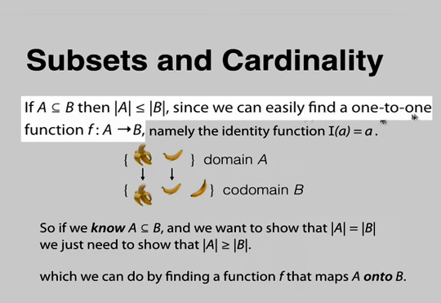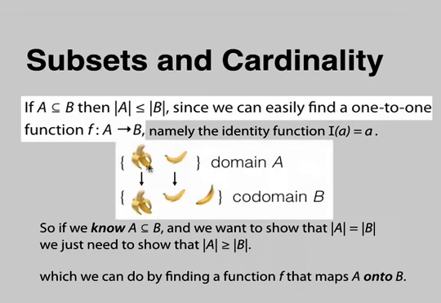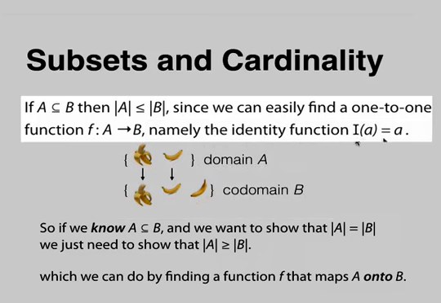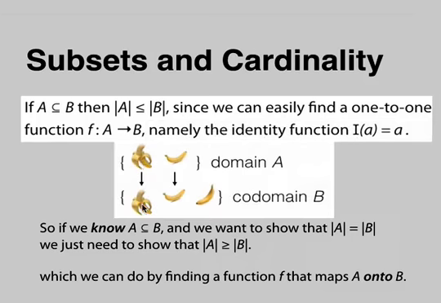All we have to do is find a one-to-one function that maps A in a one-to-one manner into B. A function like that is easily found, like the identity function, for example. You take the banana and you give it back, maps everything to itself. That's a one-to-one function. It may not be onto, we don't know, but it's one-to-one, which already shows that the subset is always going to be at most as big as the original set.